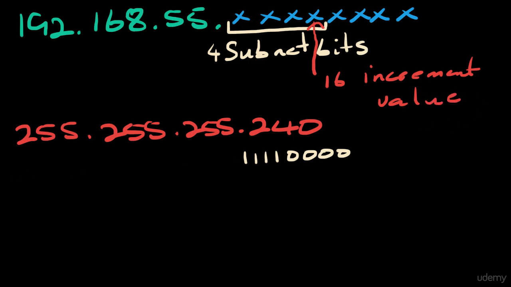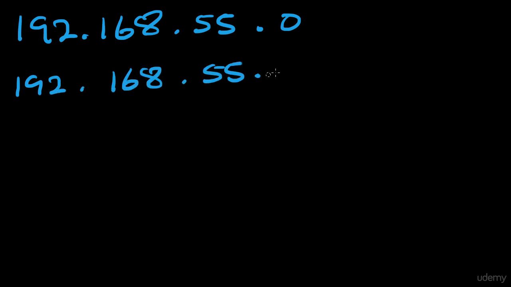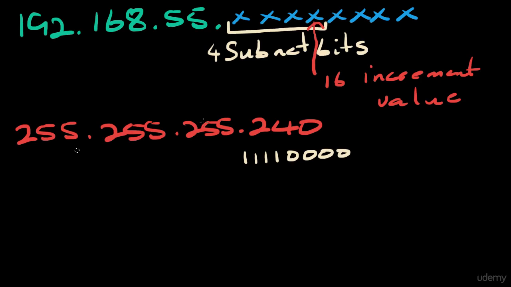So what I'll do now is I'll simply work out the new subnets using my increment value. So we have the original network ID 192.168.55.0. The next one will be 192.168.55.16. The increment value is 16. The subnet bits were taken from the last octet.